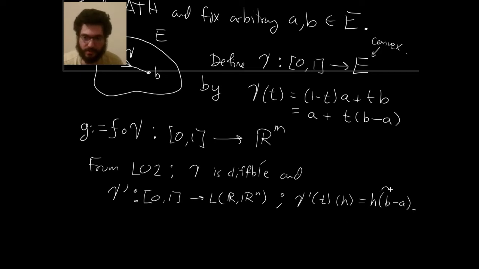So, in other words, b minus a is the velocity vector for the linear path gamma, and that's not surprising when you look at how it's defined.